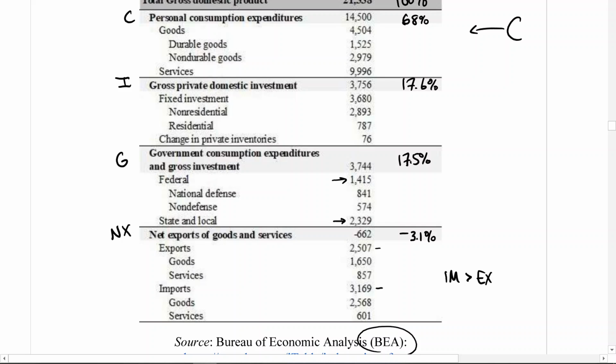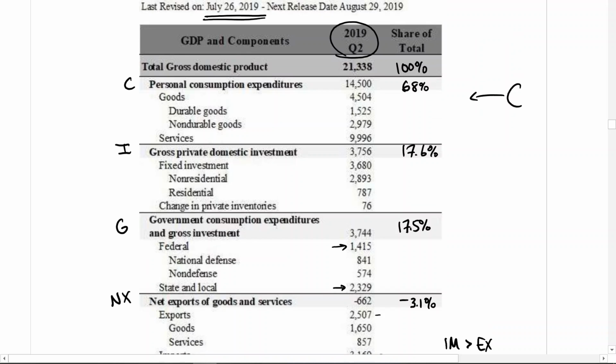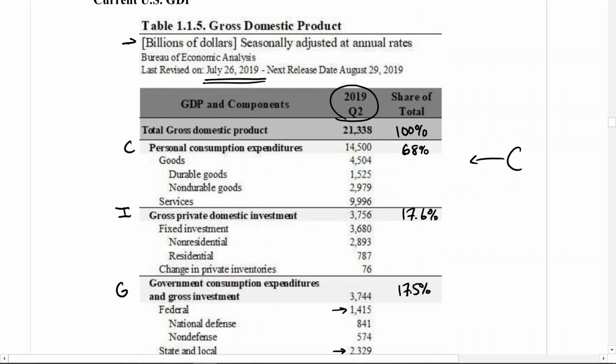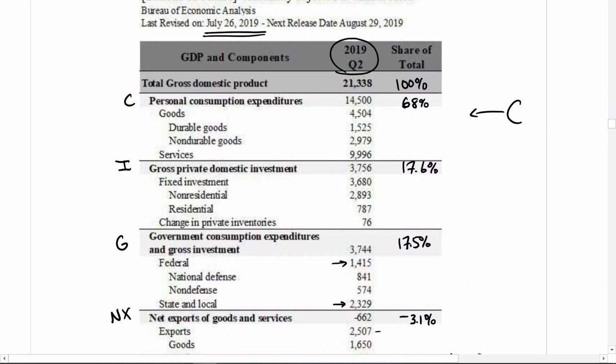So state and local 2.3 trillion, federal 1.4 trillion. And I'm saying trillion because, again, up here at the top, these are all in billions of dollars. So 1,000 billion is a trillion. So like 1,400 billion is 1.4 trillion.